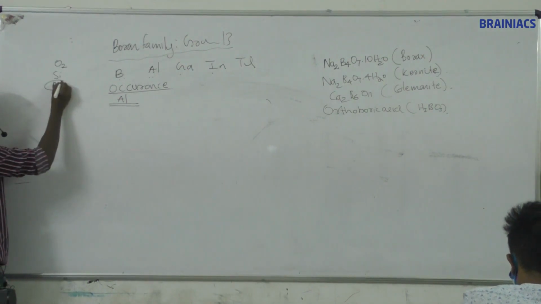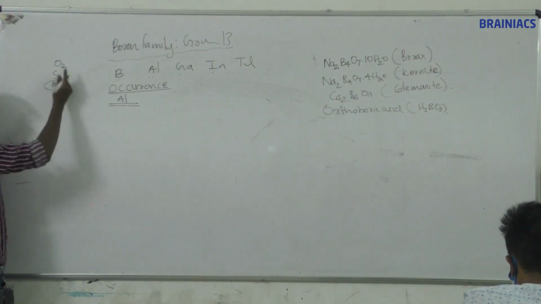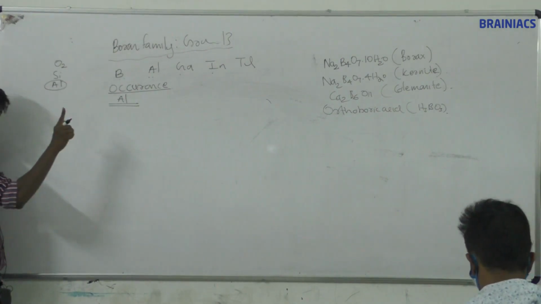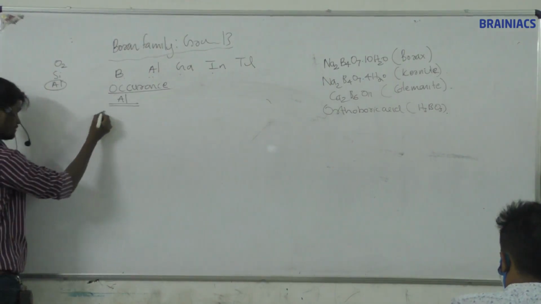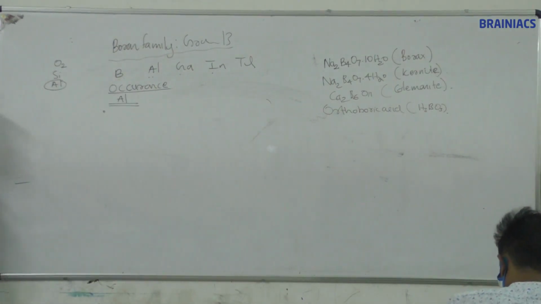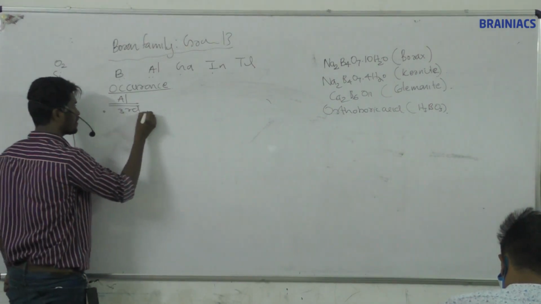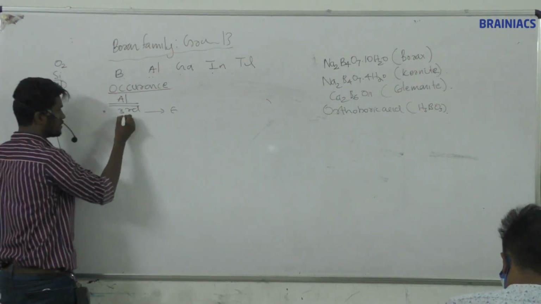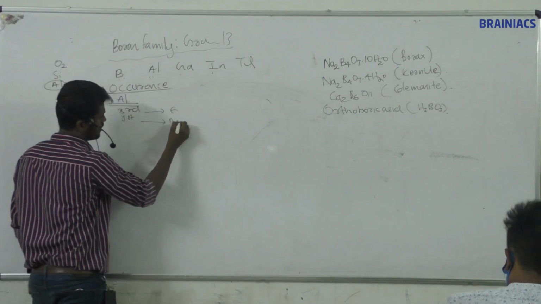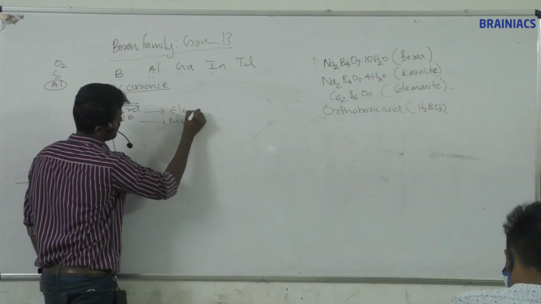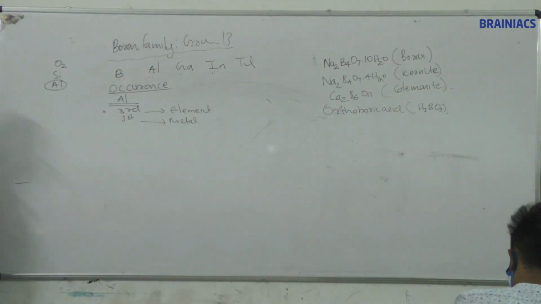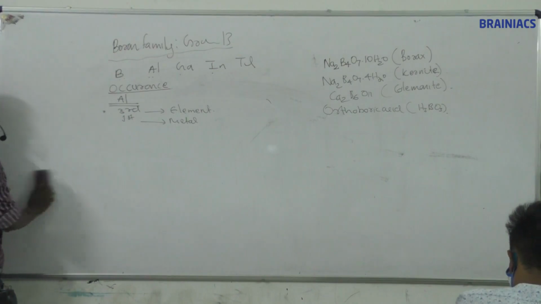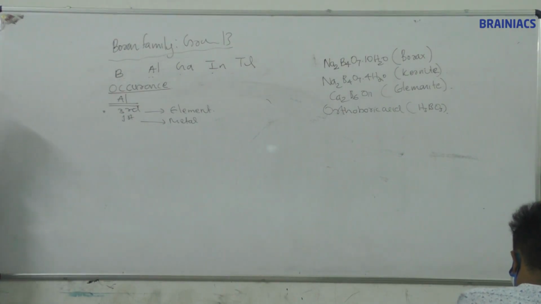So aluminium is the third most abundant element and first most abundant metal in earth crust.